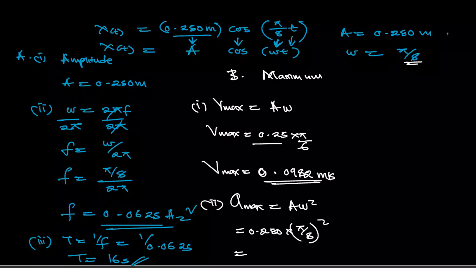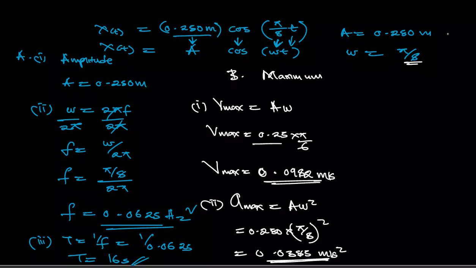So our Amax is going to be 0.0385 meters per second squared. Okay, that's how we find the Amax.